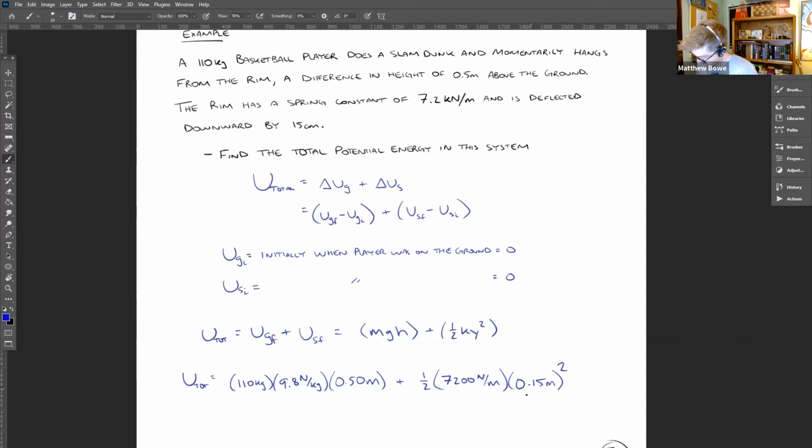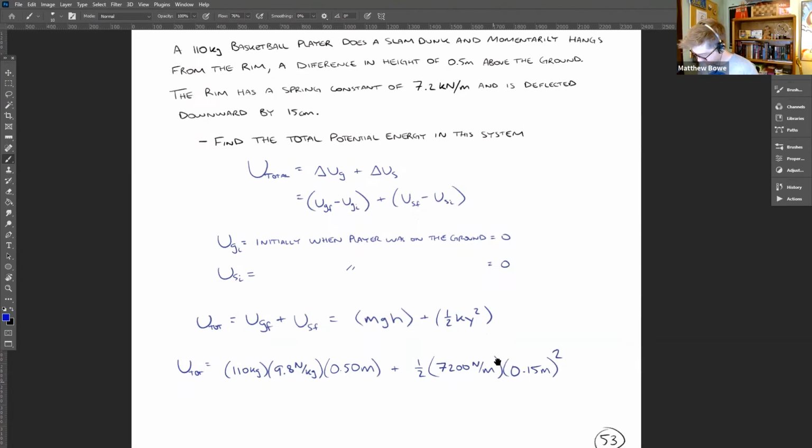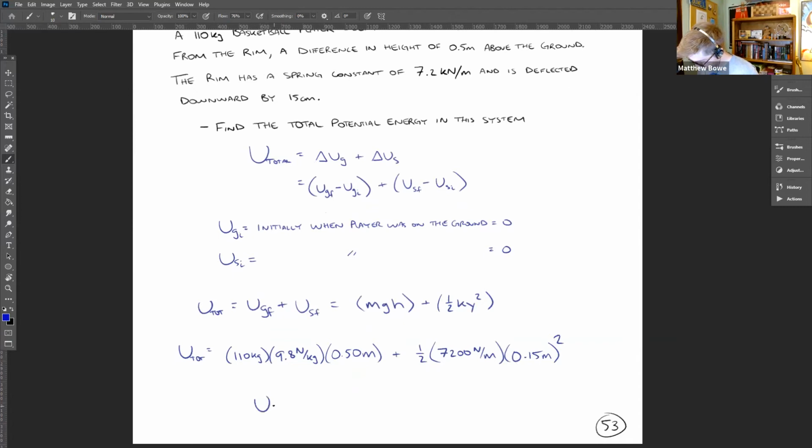And this term right here is squared. We can't forget that. Finally, we have a total potential energy of 6.2 times 10 to the second joules.